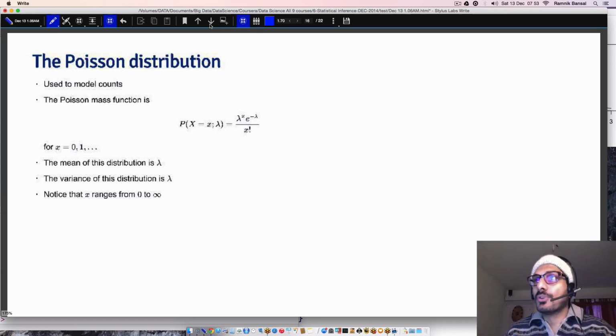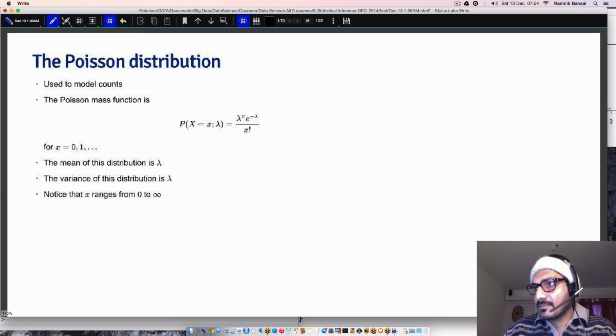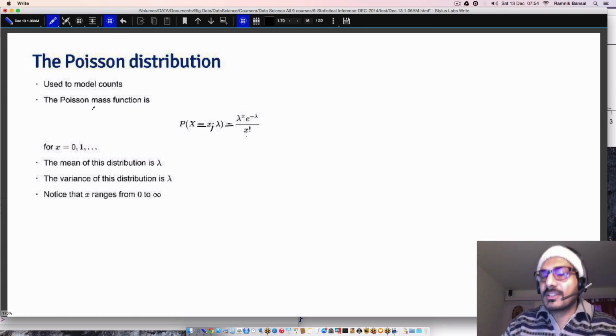All right. In the Poisson distribution, this is what your probability curve is: lambda raised to x, e raised to minus lambda, divided by x factorial. Now this is a mass function. Why is it a mass function? Because the Poisson distribution is a discrete distribution.